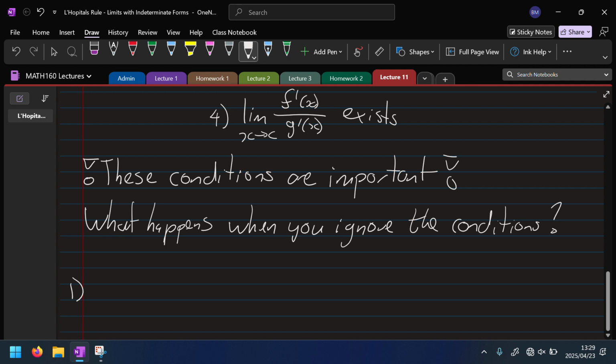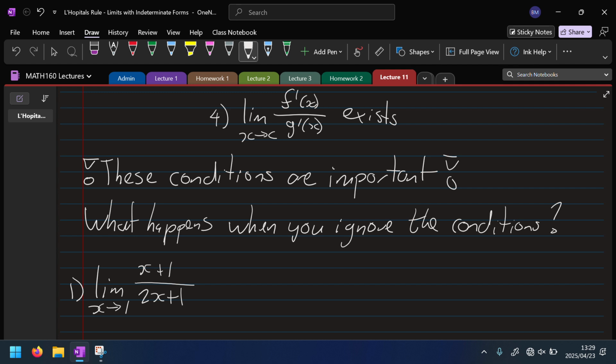Okay, so let's look at example number 1. We're going to have the limit as x goes to 1 of x plus 1 over 2x plus 1. Okay. Now, this looks like a L'Hopital's rule problem, right? You got some function at the top, some function at the bottom, you got a limit. Okay, maybe let's just use L'Hopital's rule.